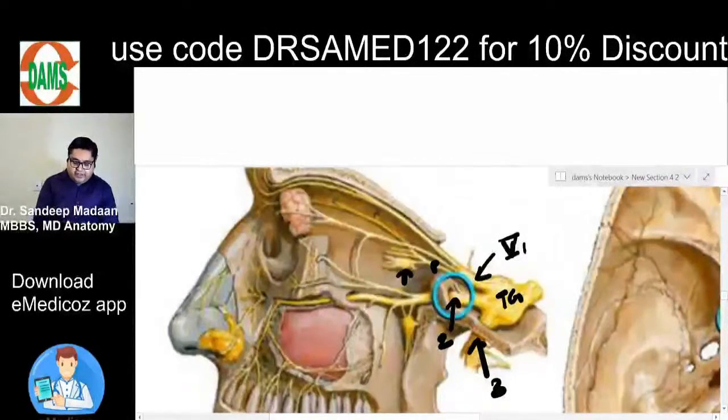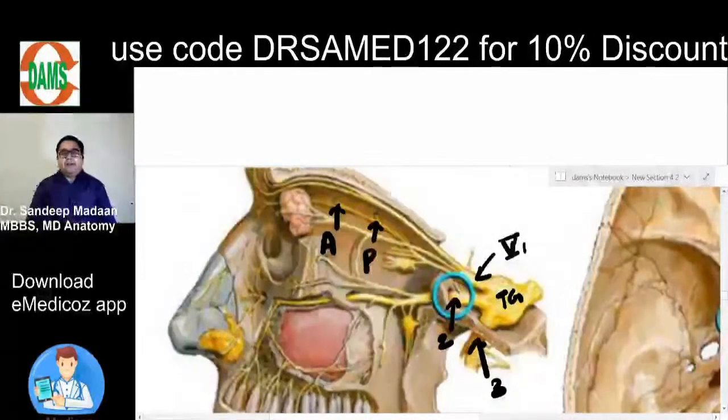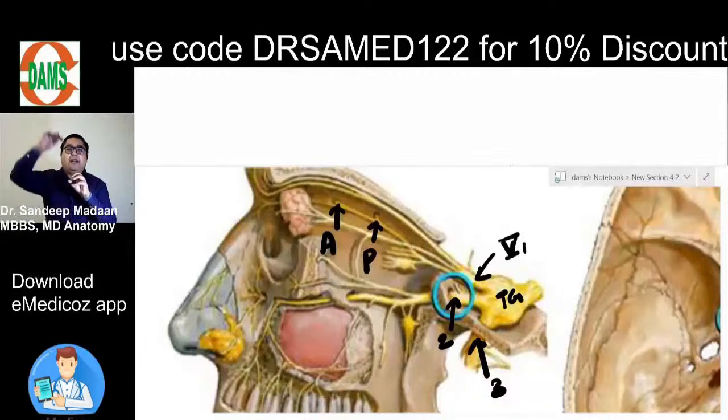Now let me explain the branches of the nasociliary nerve. Here we can see it giving this branch and this branch. Two branches are given off. This one is the anterior ethmoidal and this one is the posterior ethmoidal. Both can be seen piercing the roof, going from the orbit towards the anterior cranial fossa.